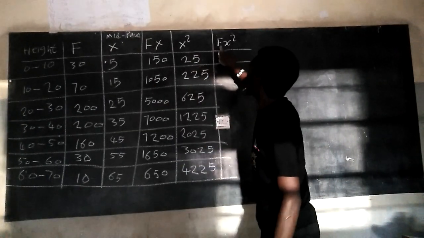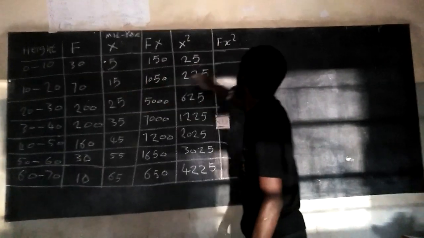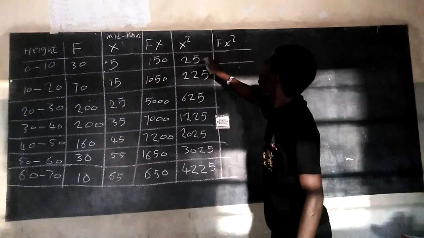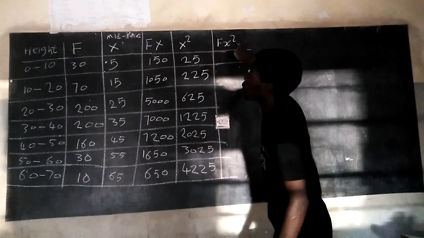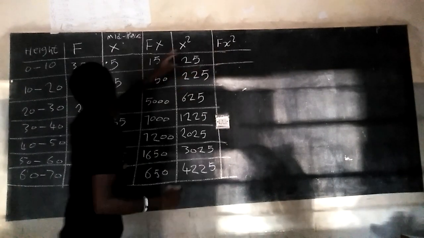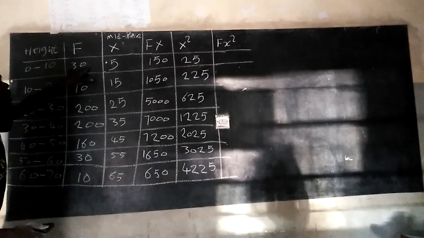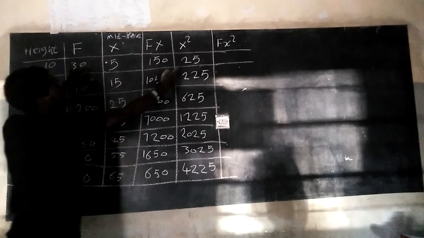So what's our f? Our f is this one, our frequency, and x squared is this one. You multiply f times x squared with the quantities now. Our f is 30, and our x squared is 25.